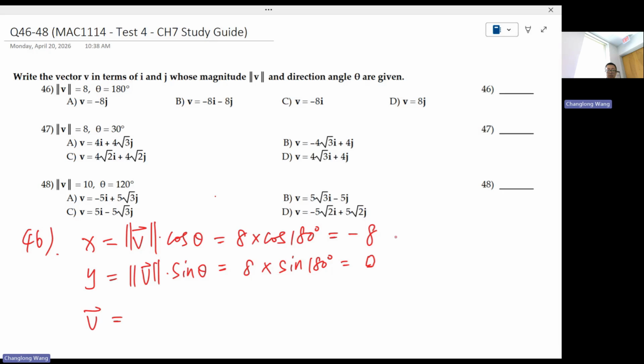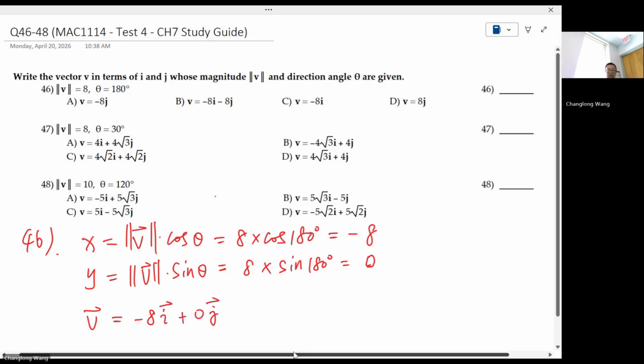It will be whatever the number for x, put it in front of i, but that's indeed -8 times i plus 0 times j, but no one's going to put 0j, right? 0 times anything is going to be 0. That means you will just leave it as -8i. So that will be letter C.